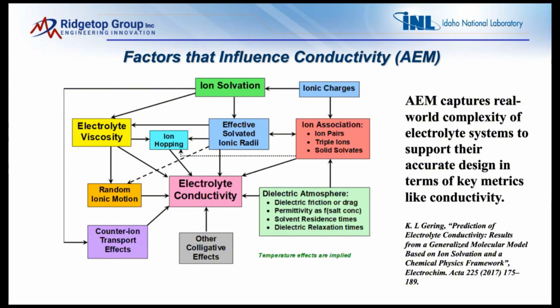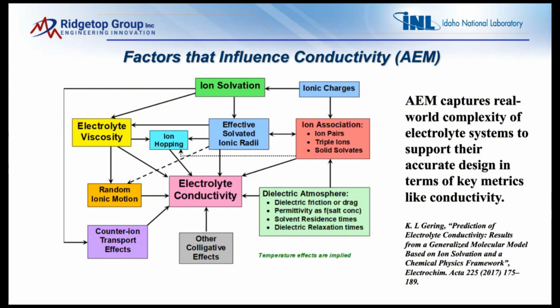The reason why that's important is that as you have the occurrence of ion pairs, for example, those ion pairs are then withdrawn from the population of charge carriers. So you want to minimize ion pairing if you can, to allow as many current carriers to be present in solution. Also, we have electrolyte viscosity, which is a very important term that affects electrolyte conductivity. And then random ionic motion can also be seen as a contributor.